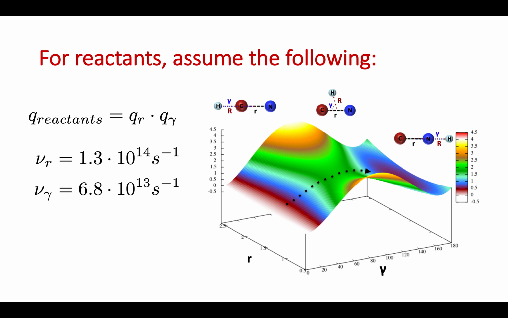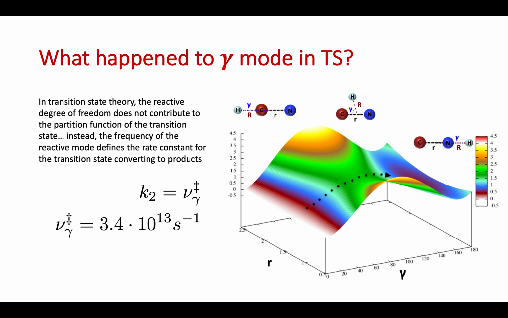That's not entirely uncommon for the frequency of the reactive mode to be lower in the transition state compared to the reactant geometry, because essentially we've loosened up the interactions, since we're on the precipice of breaking bonds and converting into a new product.